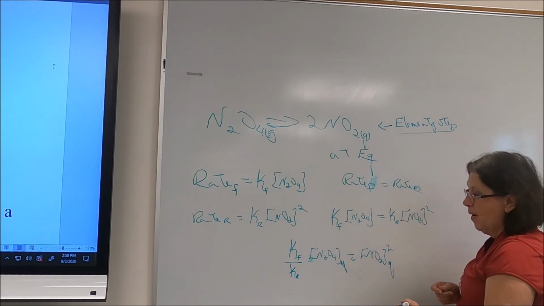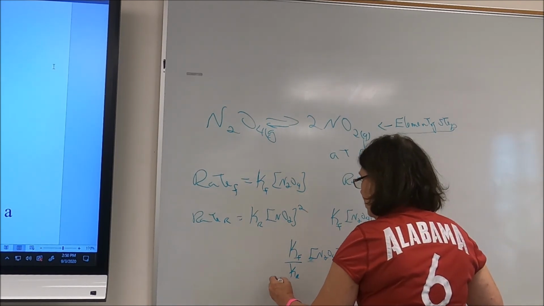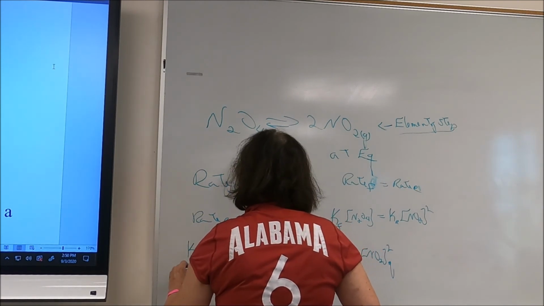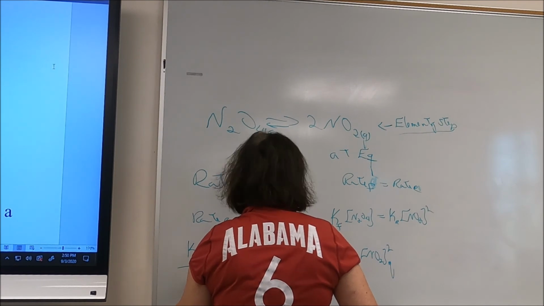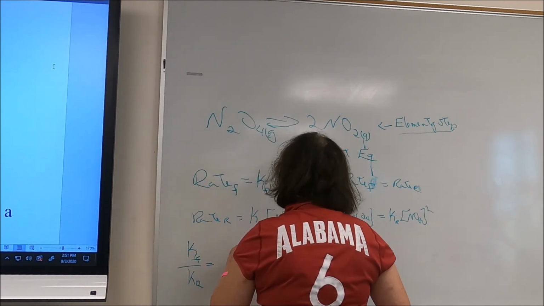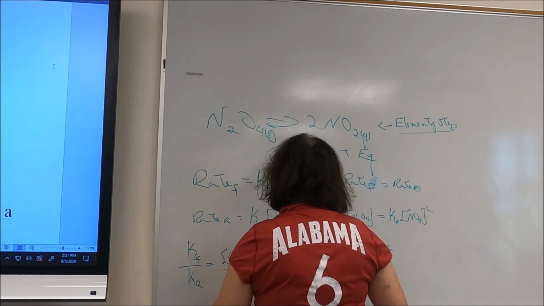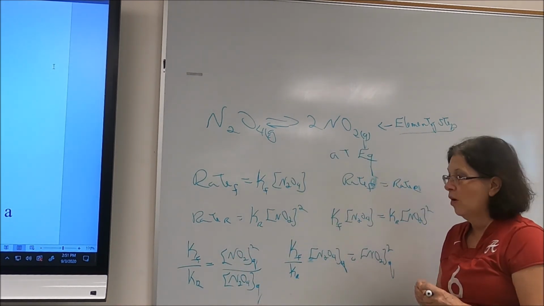Now I'm going to divide through by N2O4. If I do that, I get k forward over k reverse is equal to the NO2 concentration at equilibrium squared over the N2O4 concentration at equilibrium. Why did I do all that?